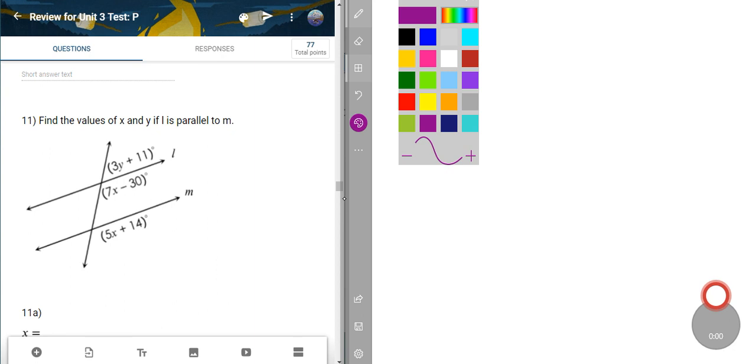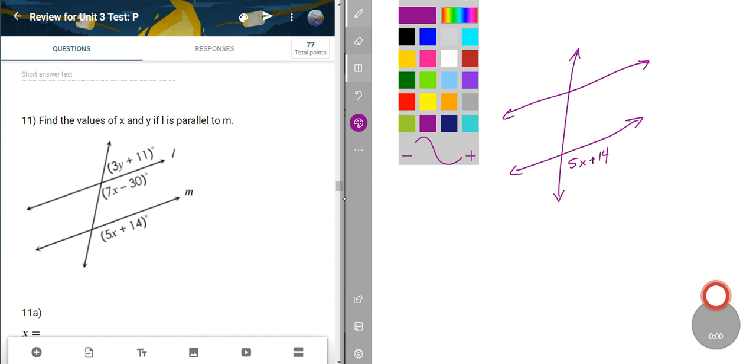All right, so find the values of x and y here. This is going to involve a couple multi-step things here. So this is where algebra kind of jumps back in on us. But we still got to know our relationship. So we know that this and this are corresponding angles.